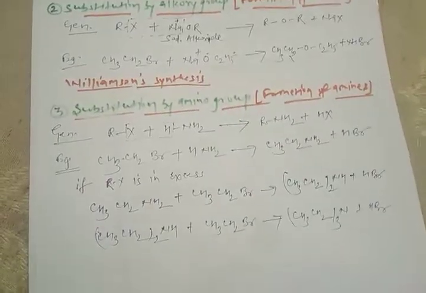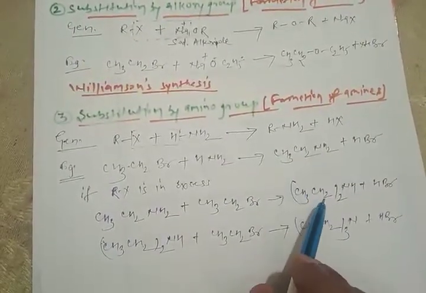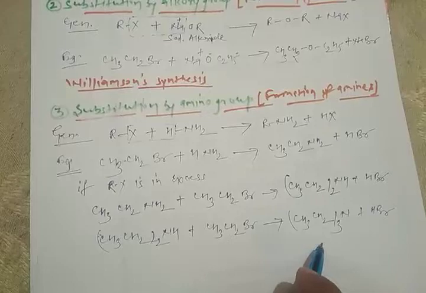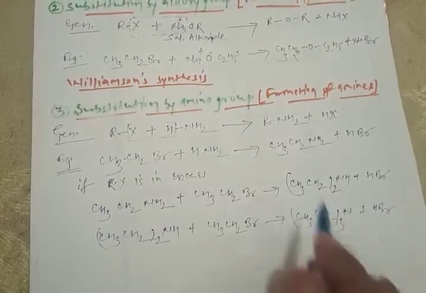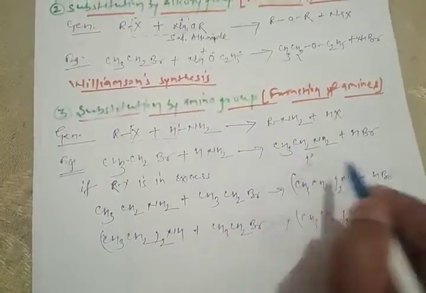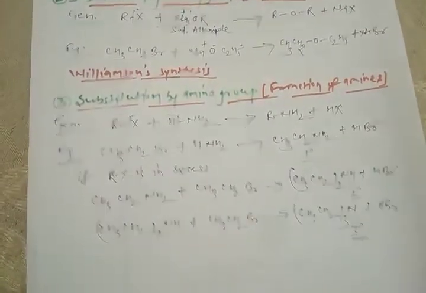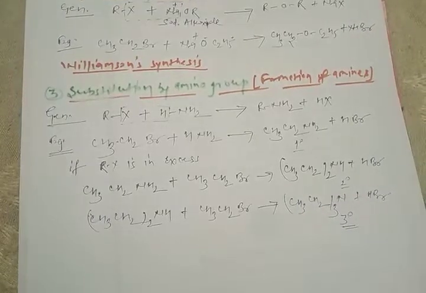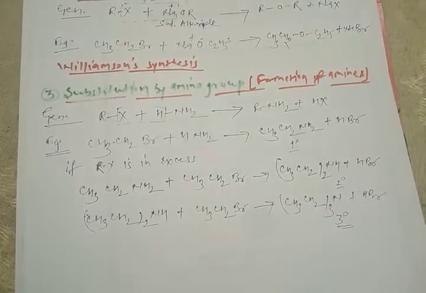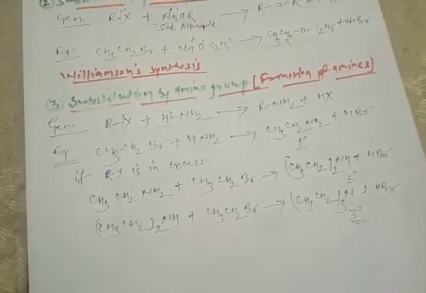Okay, so this is the primary amine, 1 degree, this is the secondary amine, and this is the tertiary amine. It can also form a quaternary ammonium salt.